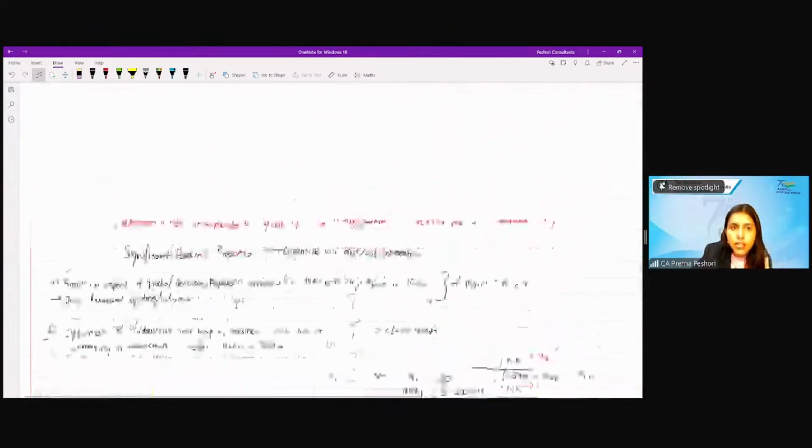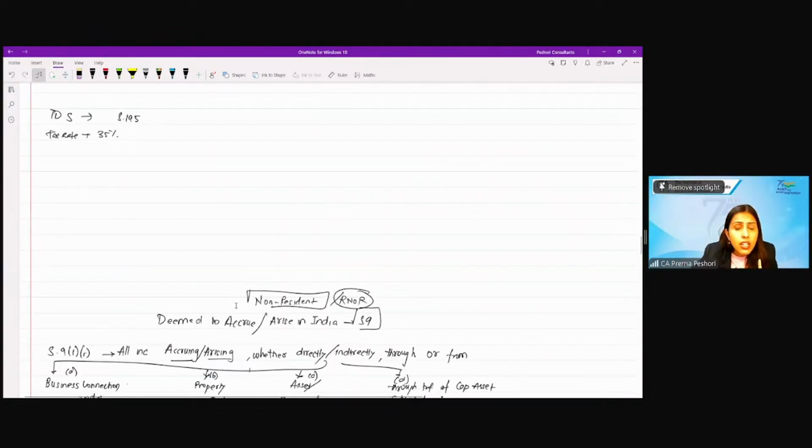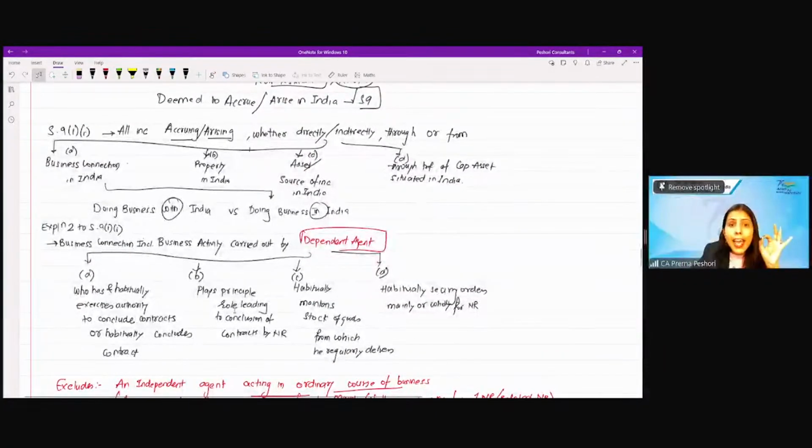If you read it, what does it start with? It says any income accruing or arising, through or from the asset in India. So the dividend is accruing or arising and the asset is deemed to be situated in India. Right? So whether the dividend will also be deemed to accrue or arise in India?